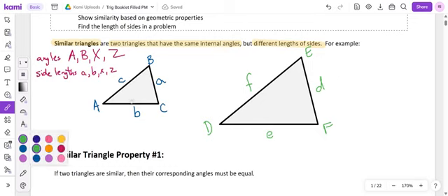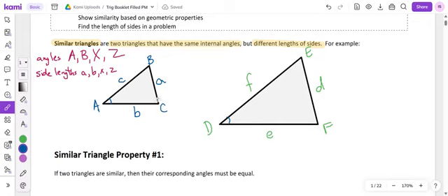Okay. Now, we are told they are similar. Why are they similar? Because they have the same angles. So, how do I show that two triangles have the same angles? Watch this. Angle A is the same as angle D. How many arcs did I put down? 1.